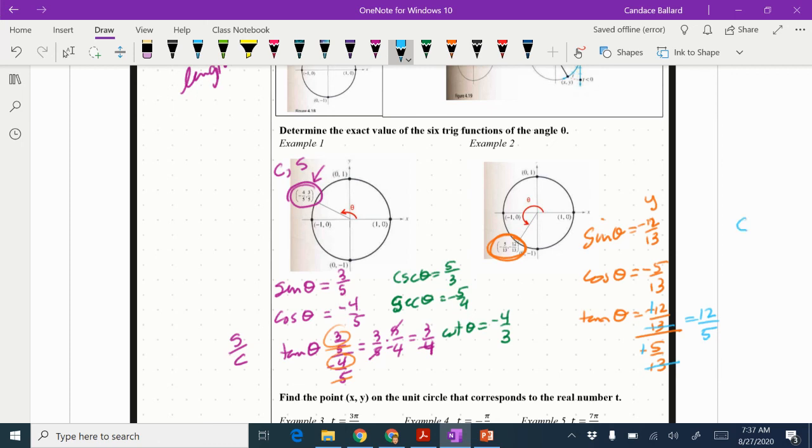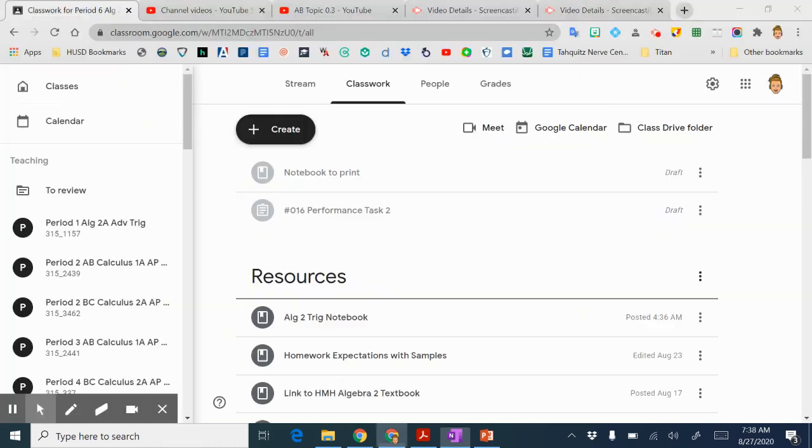The reciprocal of sine is cosecant, and it's going to be negative 13 over 12. It doesn't matter where the negative sign goes. It can stay up at the top or be grouped out in front. The reciprocal of cosine is going to be negative 13 over 5. And the reciprocal of tangent is cotangent, and that's going to be 5 over 12.